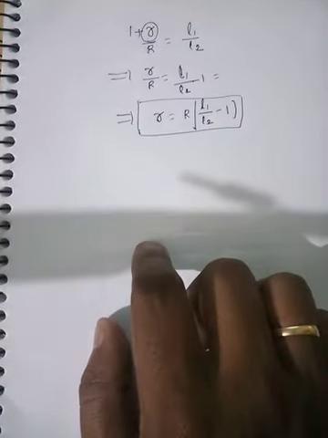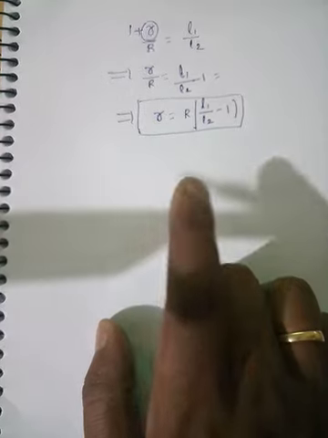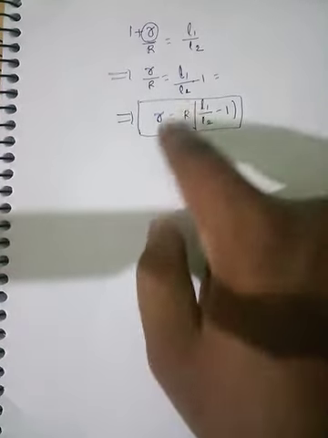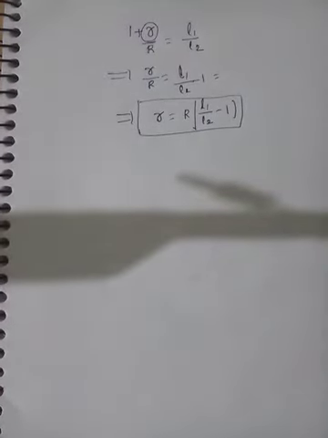There are other applications of the potentiometer, which we have already derived: the comparison of EMF of two cells and the internal resistance of a cell, using these formulas. With this concept we completed this chapter, and problems based on this chapter we are going to discuss in the next class. Thank you, students.